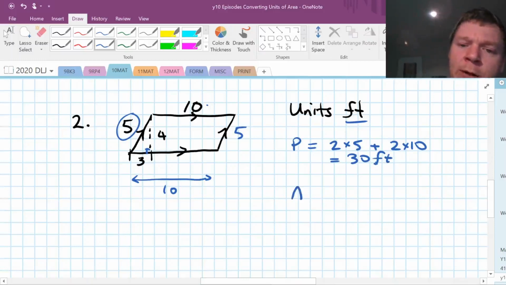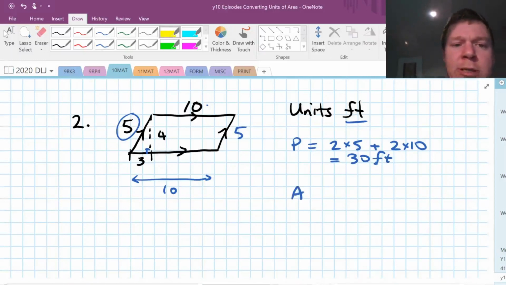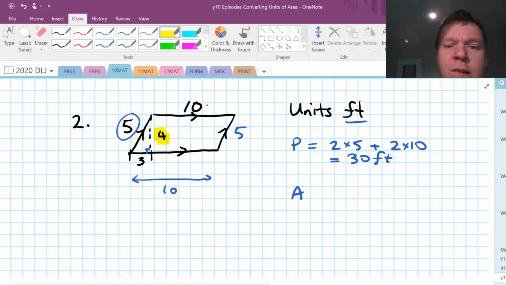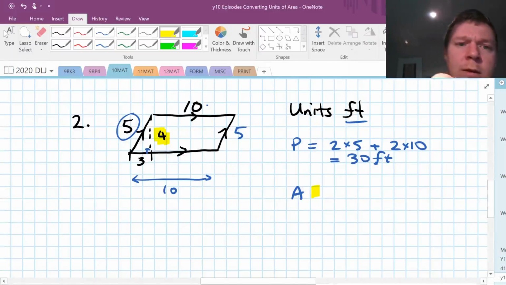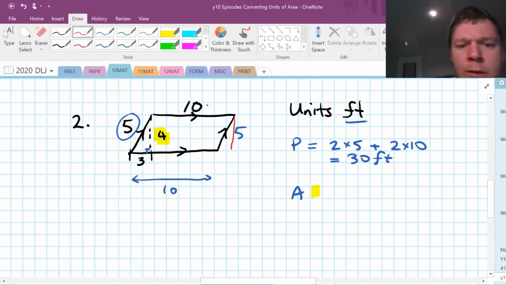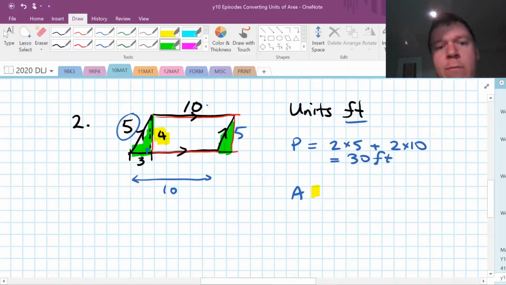Okay, area of a parallelogram. It doesn't use that 5, it uses the 4, because we want the vertical height of the parallelogram, not the length of the side. And if you remember, that's because if we think of a rectangle, then if we cut off this little green triangle, we could paste it in here and we'd have that red rectangle area.